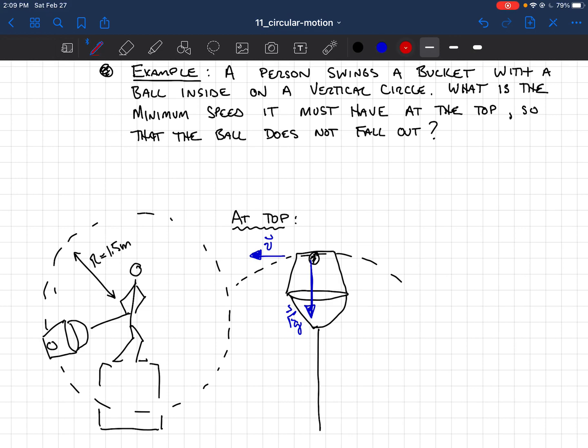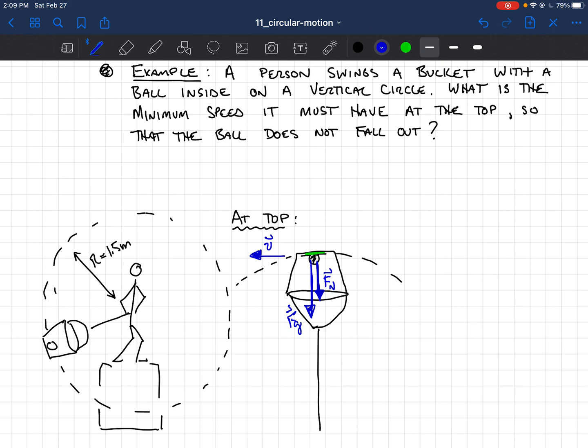And we see that the ball is also in contact with the bucket. So there's a surface of contact, which actually sits above the ball because the bucket's floor is just above the ball there. And the normal force points perpendicular to that surface of contact. So whenever you're in contact with something, you have a normal force. And in this case, that normal force is pointing down on the ball.